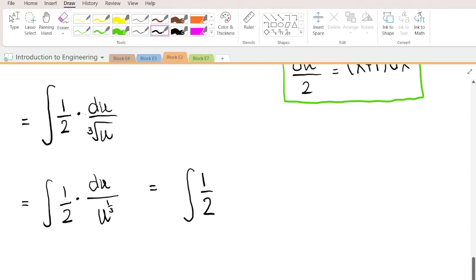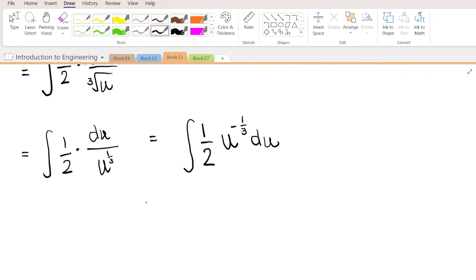So we are going to modify it. It becomes 1/2 u to the power of negative 1/3 du. So I hope you don't find it difficult at this point as to how I did this. I reciprocated it, and then it became this way.